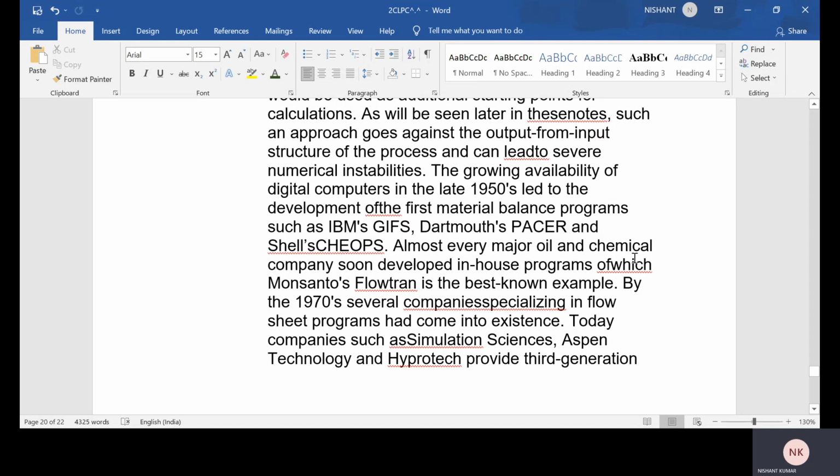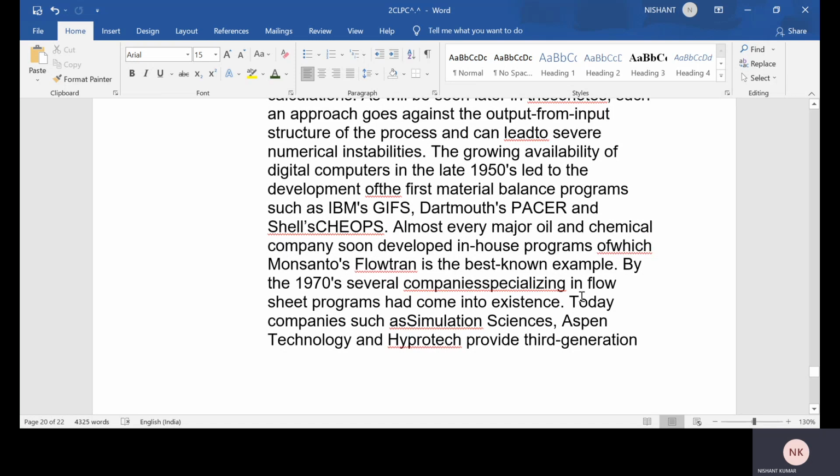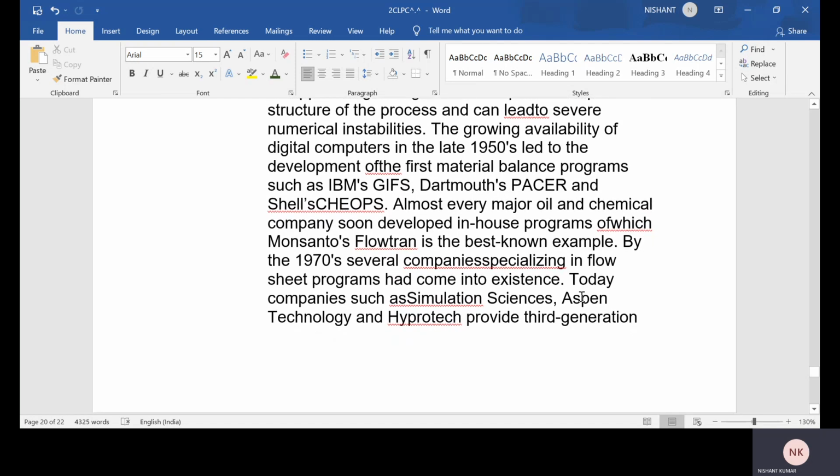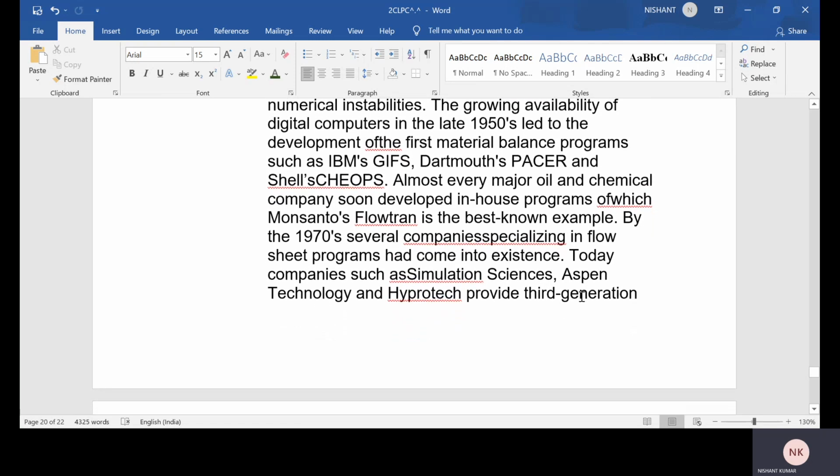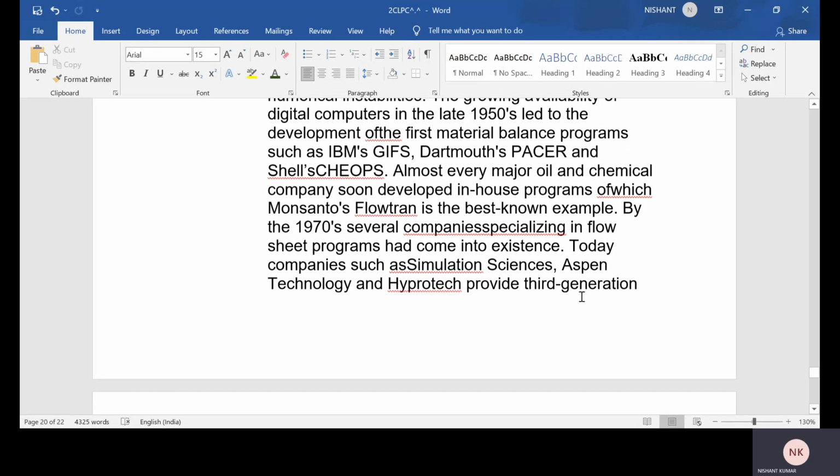material balance programs such as IBM's GIFS and others. Almost every major oil and chemical company soon developed in-house programs, of which Monsanto's Flowtran is the best known example.